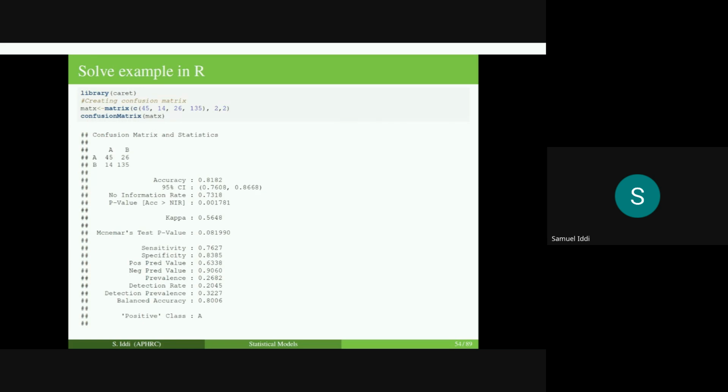Okay, now I want to use the same example that we have done. I want to use R to be able to do it. Here I'm going to use a package in R called the caret package. The caret package is one of the packages that are used widely for machine learning models.